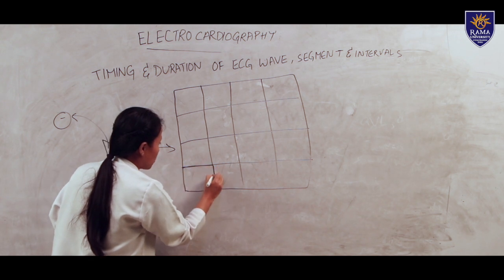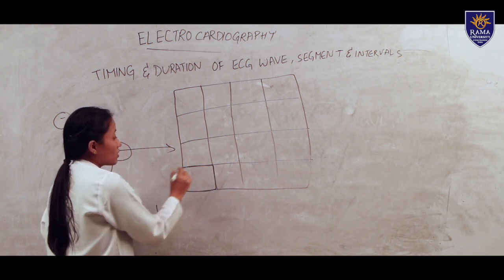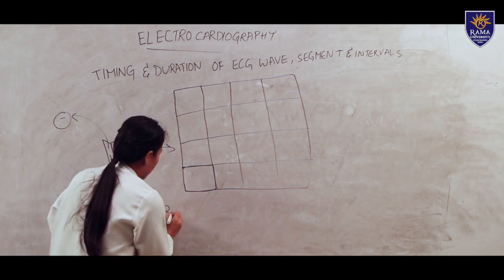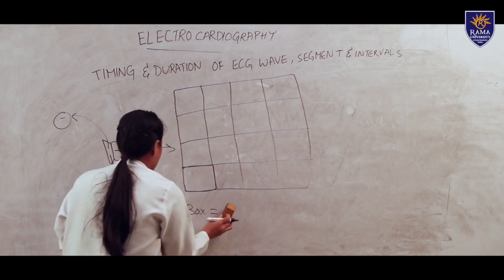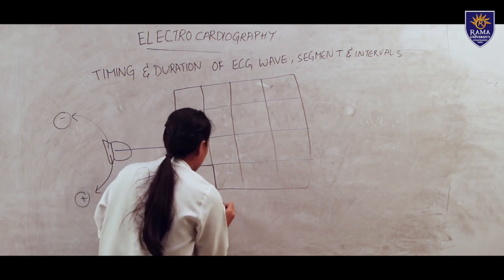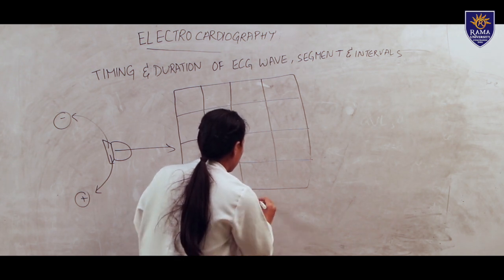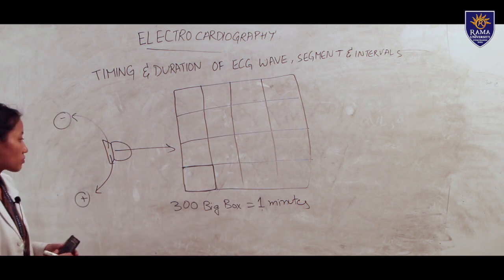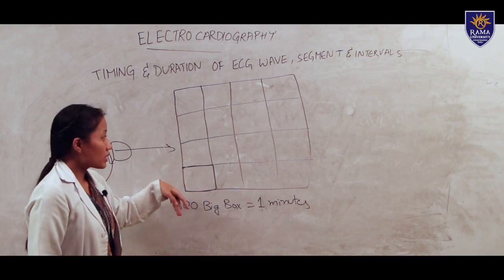That is the duration of the speed: in 1 minute it passes 300 big boxes.